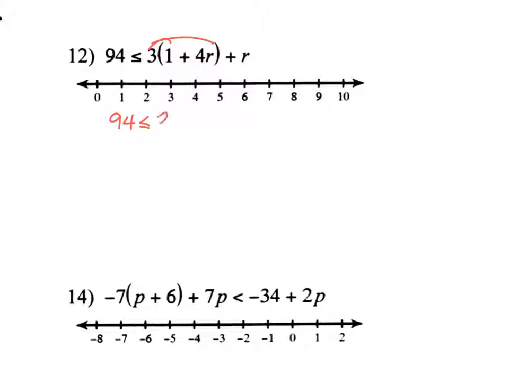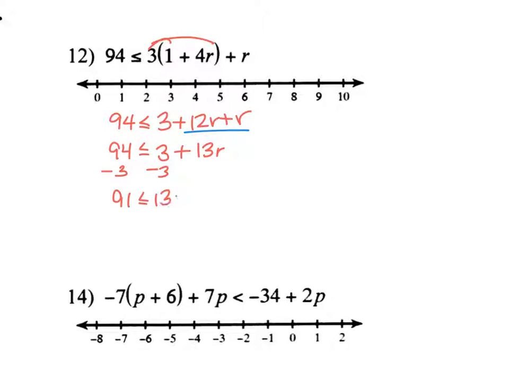94 less than or equal to 3 plus 12r plus r. These r's are on the same side, so I'm going to combine them. 94 less than or equal to 3 plus 13r. And now I'm going to go ahead and start moving stuff. 91 less than or equal to 13r. And then if I divide by 13, I'm going to get 7.